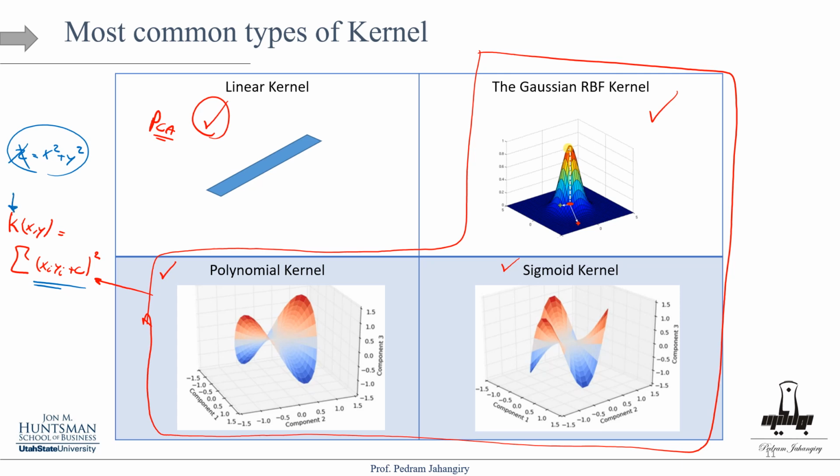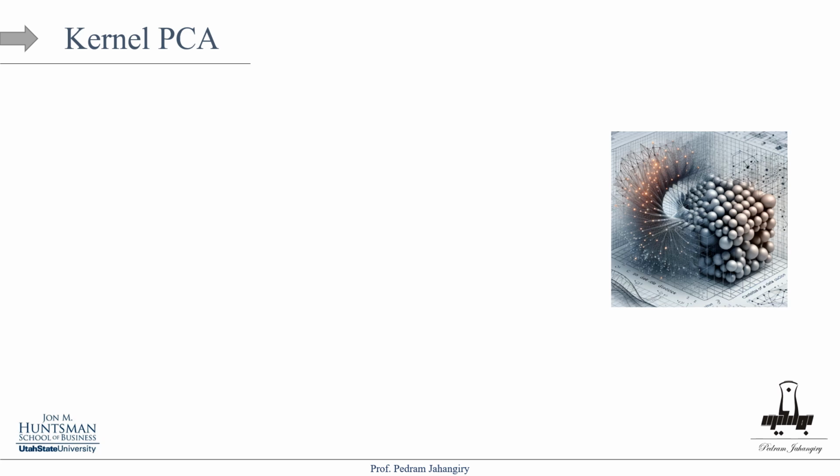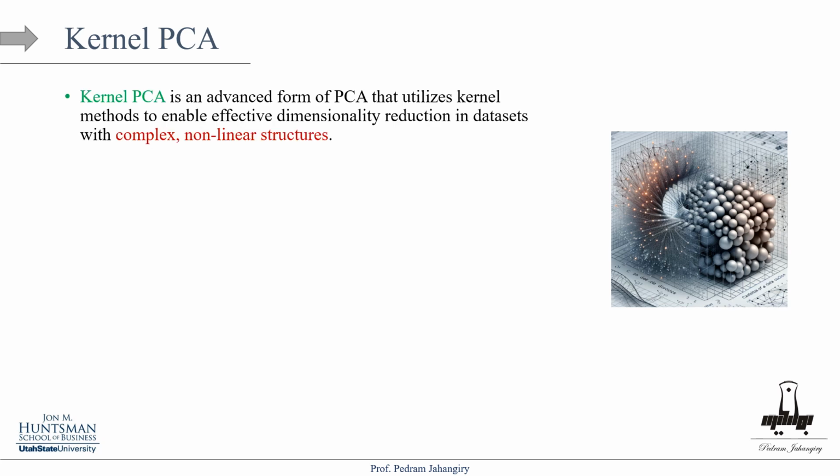All right. So what is Kernel PCA? Kernel PCA is an advanced form of PCA that utilizes the kernel trick or kernel method to enable effective dimensionality reduction in a dataset with complex and nonlinear structure. So basically, in a nutshell, if you think that there's nonlinear structure in the dataset, applying linear PCA may not be as effective as you think, right?